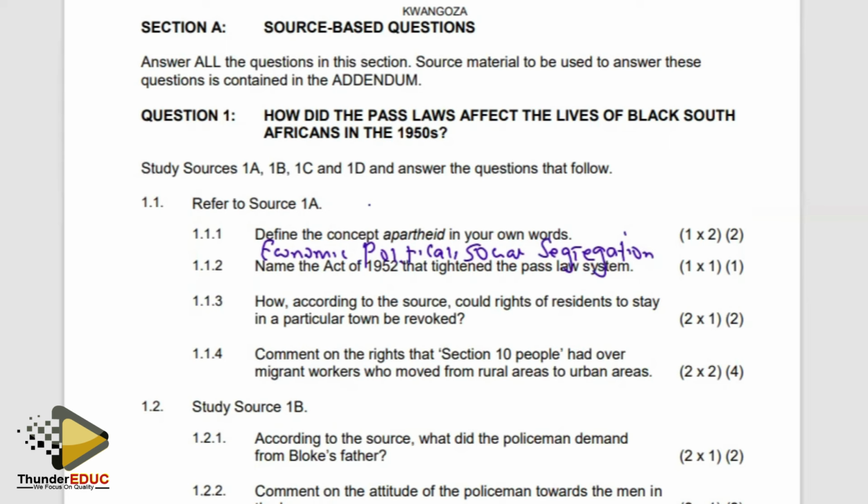Comment on the rights that Section 10 people had over the migrant workers who moved from rural areas to urban areas. Here, remember, you're going to do an extraction of evidence from sources 1A to 1D. You can comment on unemployment, they were unemployed for long periods.